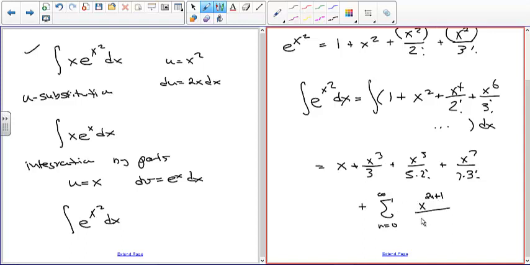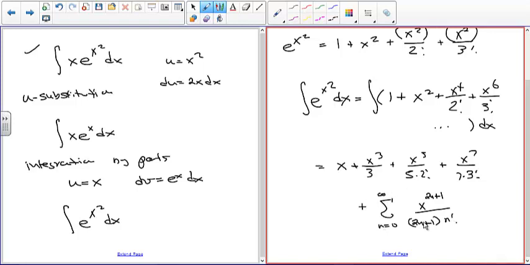And then I divide by 2n plus 1, because those match up. And then I would divide by n factorial. I think that would be it.